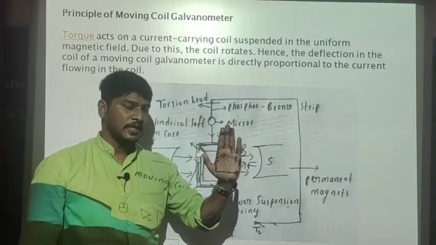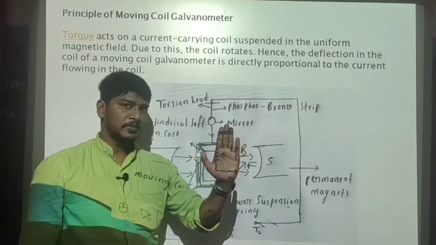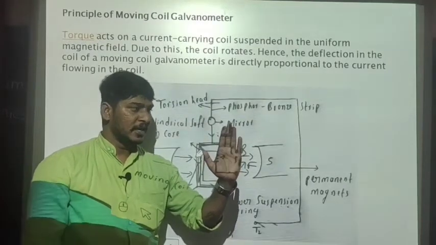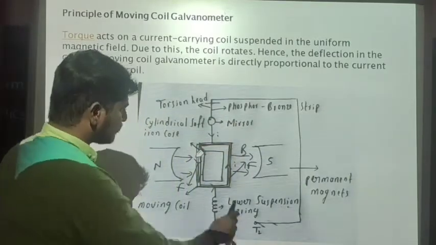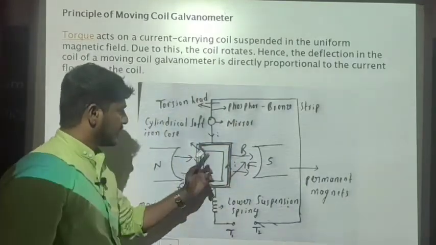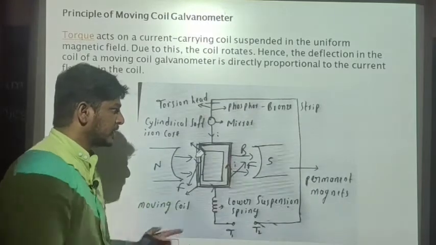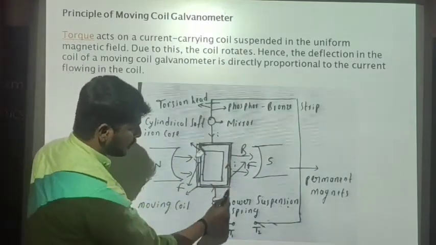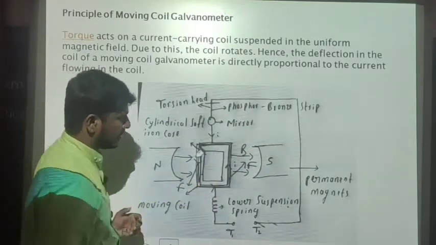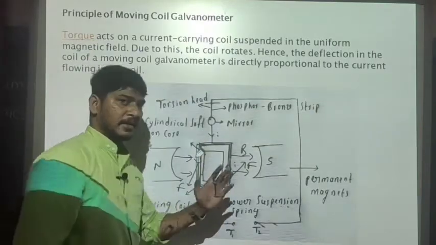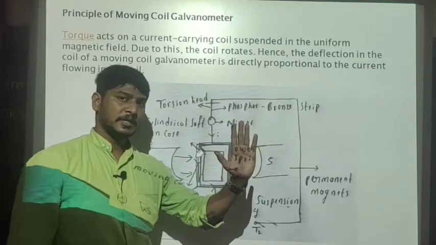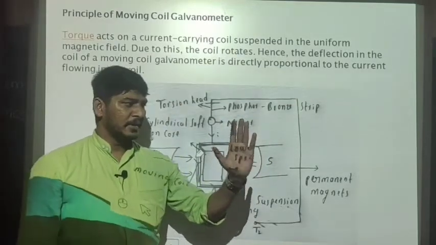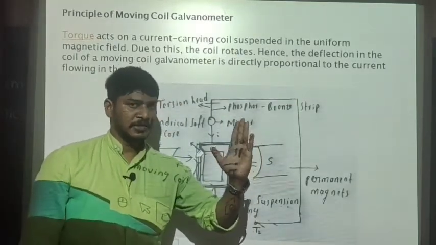The copper coil changes its position from its initial position, that is, it rotates. This rotation depends on the amount of current which flows through the copper coil. The greater the current, the greater the rotation we observe. Let us suppose a less amount of current passes through the copper wire, then we observe less rotation.